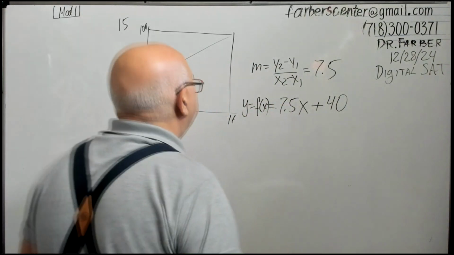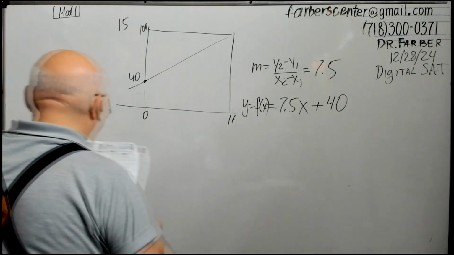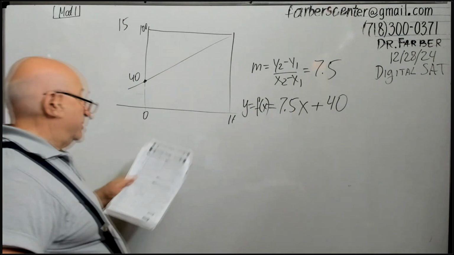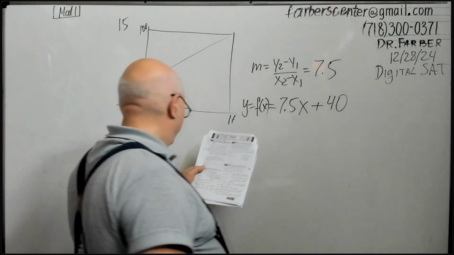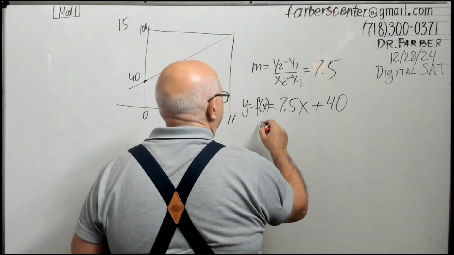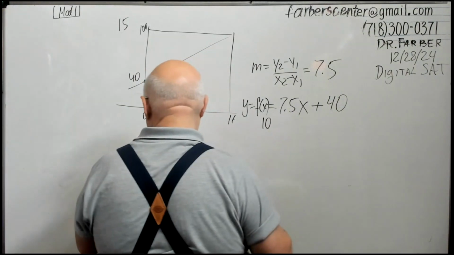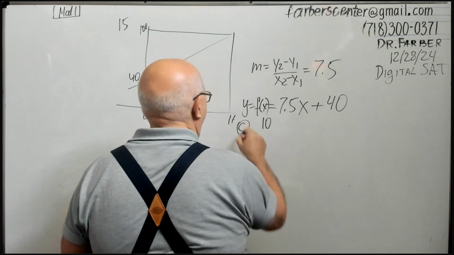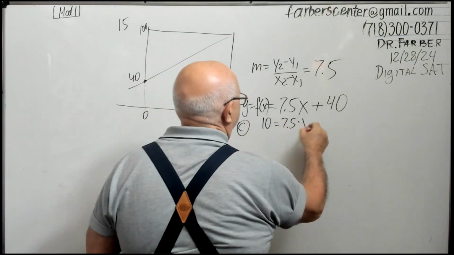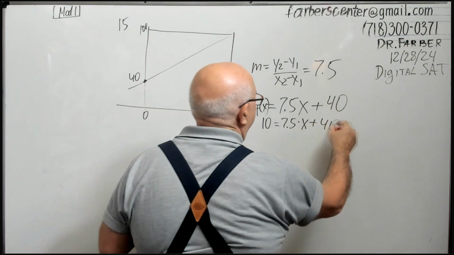Now, they ask which point satisfies. So let's say when x equals 10, I plug in: 7.5 times 10 plus 40.